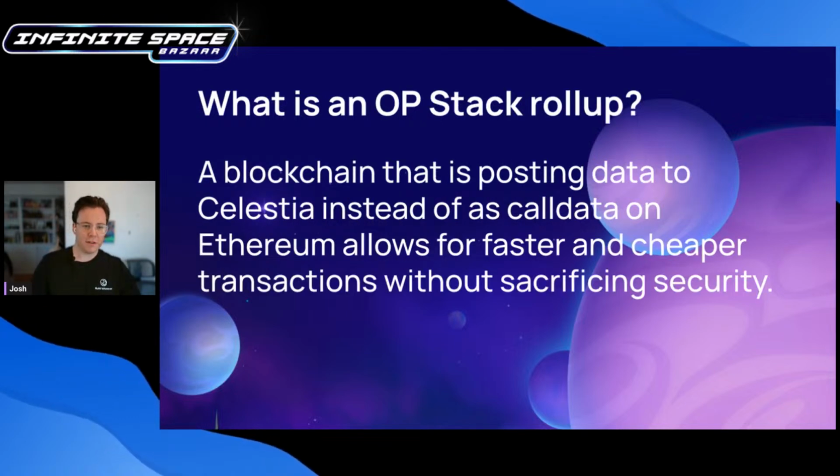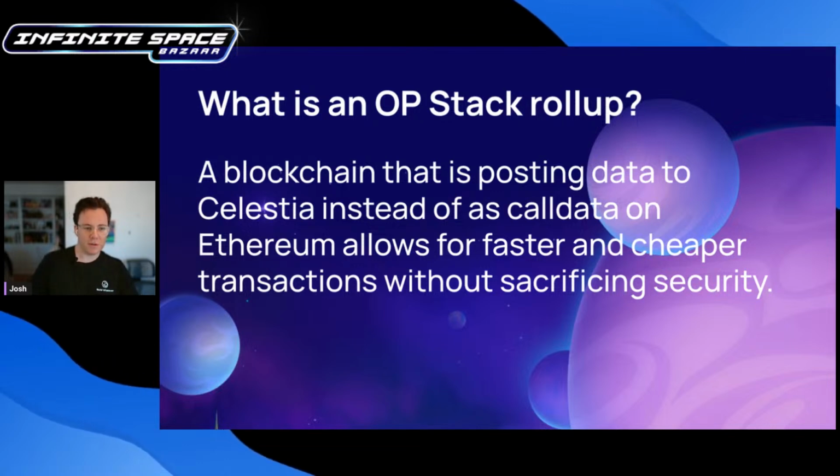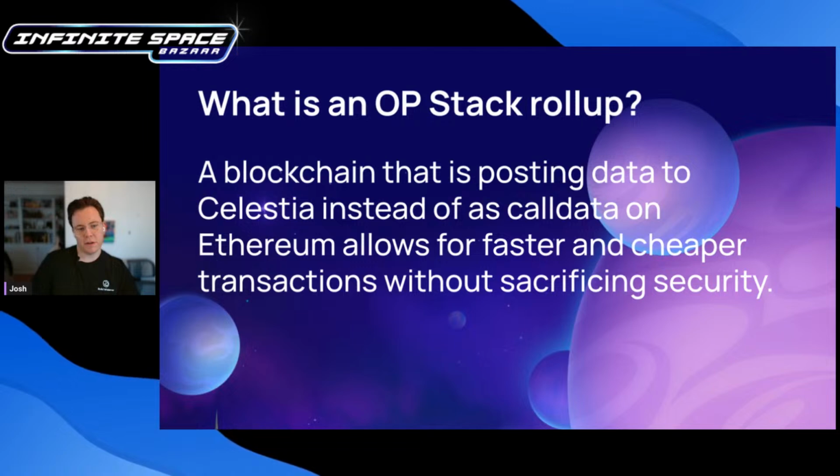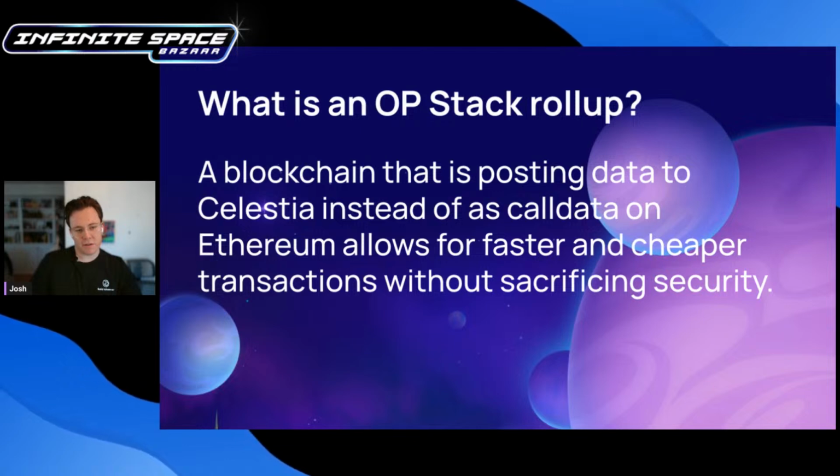And more specifically, since we're talking about OP Stack in this workshop, what is an OP Stack rollup? An OP Stack rollup is a blockchain that is posting data to Celestia instead of its call data on Ethereum. So in the normal case of the OP Stack, which is what is used for Optimism and many other chains now, the OP Batcher in the OP Stack is used to post data to Ethereum as call data.